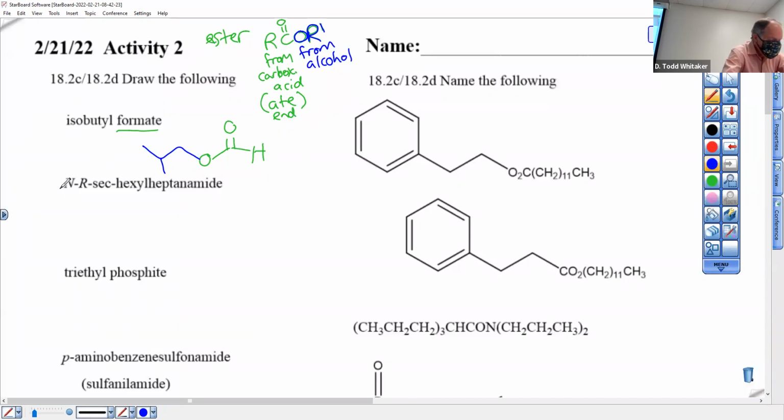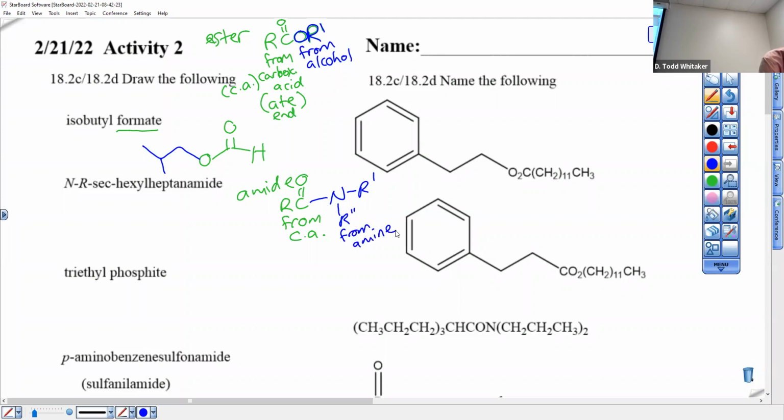And then amides have R carbonyl, and you guessed it, that's from the carboxylic acid. The other part, N, R prime, R double prime, is from an amine.